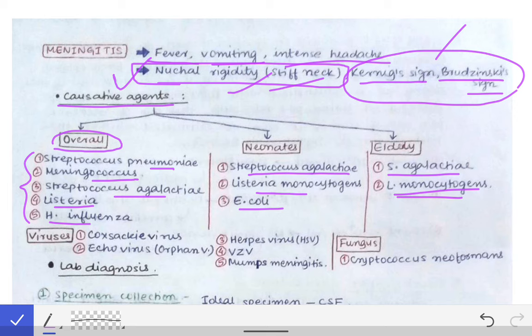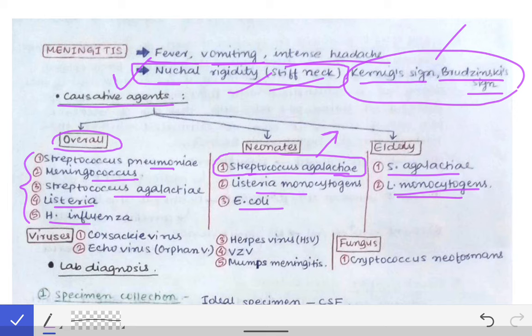And in neonates Streptococcus agalactiae is more commonly causing meningitis because in the mother's genital tract, these bacteria are present as commensals. So during normal vaginal delivery, while the baby passes through the vagina, they get infected with Streptococcus agalactiae, and that's why Streptococcus agalactiae is the most common cause of meningitis in neonates.